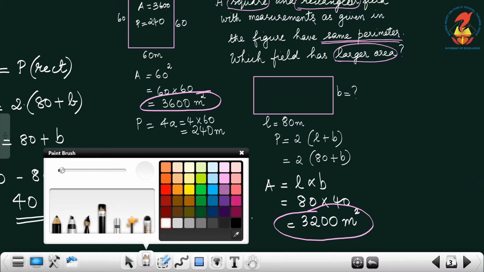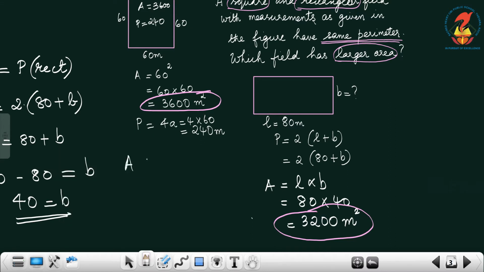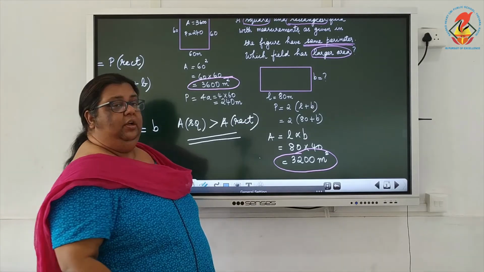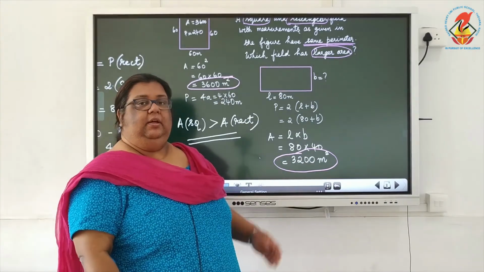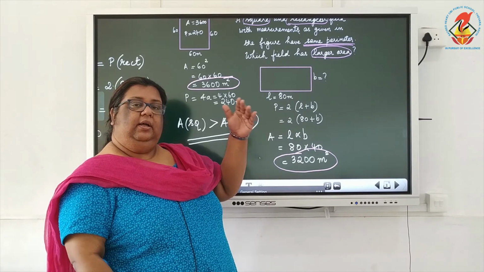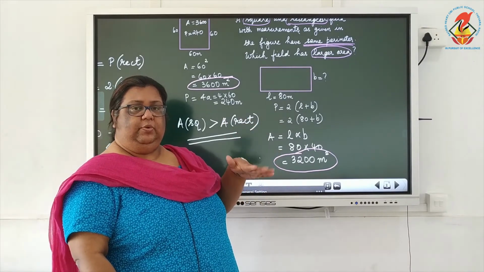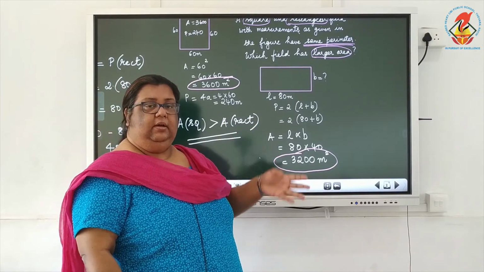So you can write, area of the square is greater than area of the rectangle. Okay. So when you are having two different figures, you write the heading as square and do all the simplification of the square. Find the area, find the perimeter.